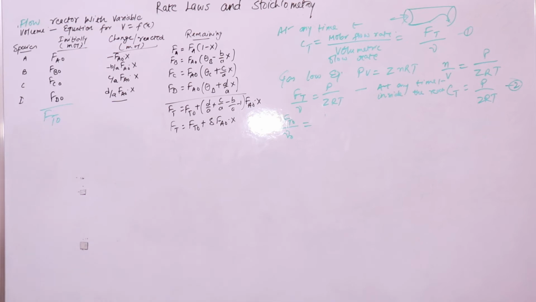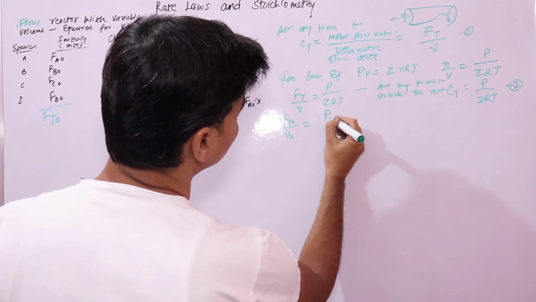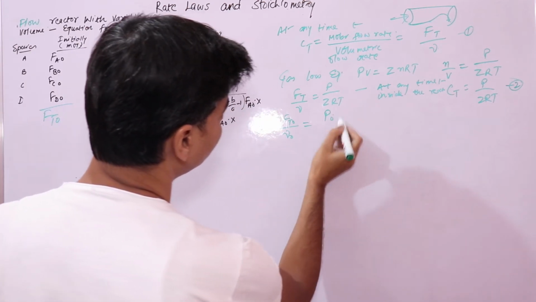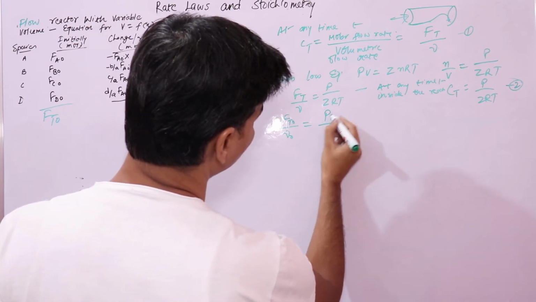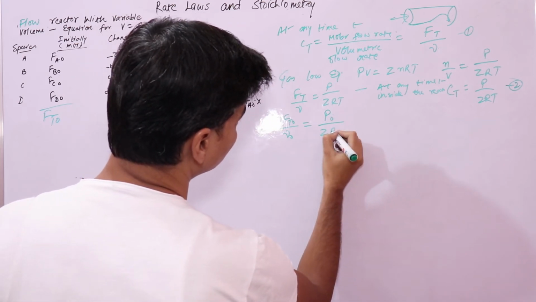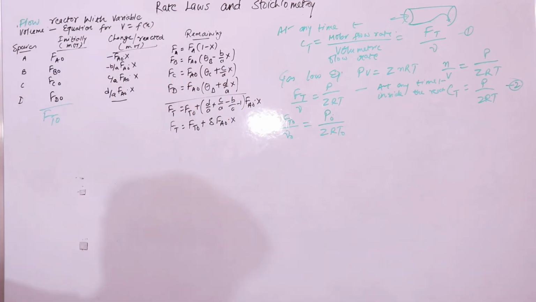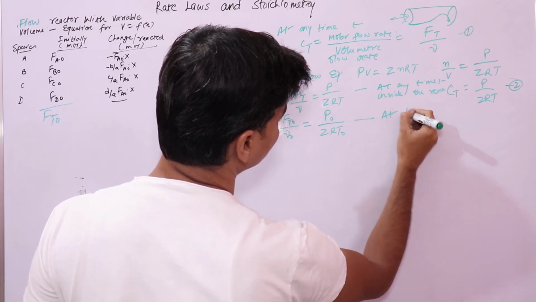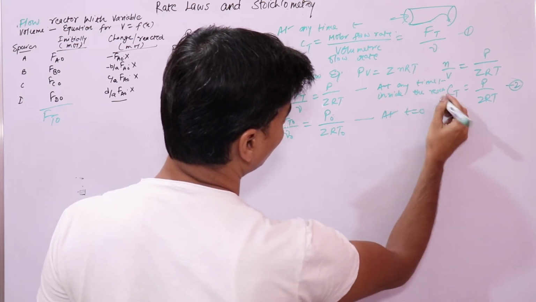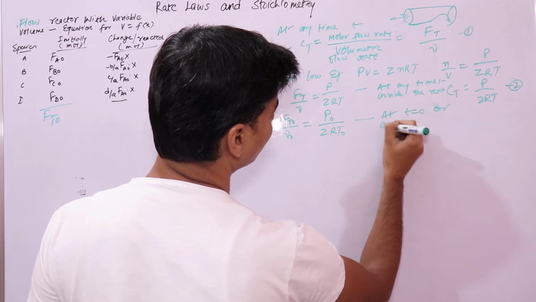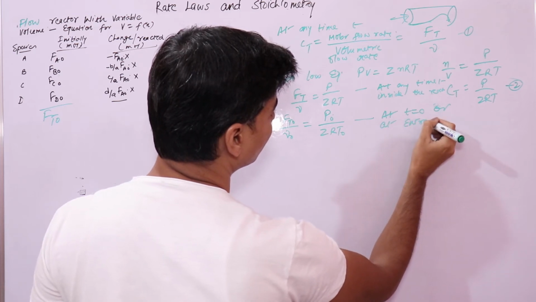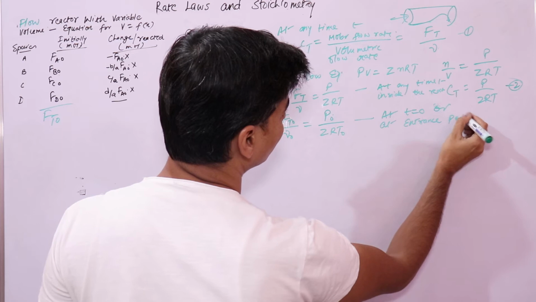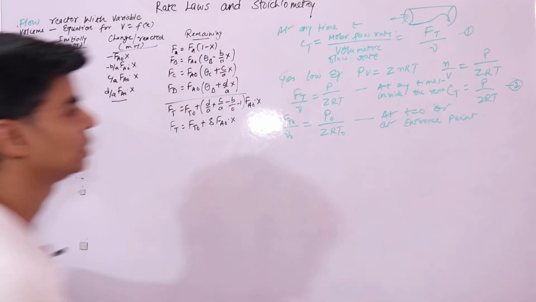This would be equal to P_0 upon Z R T_0. This is at t equals 0, or at the entrance point.